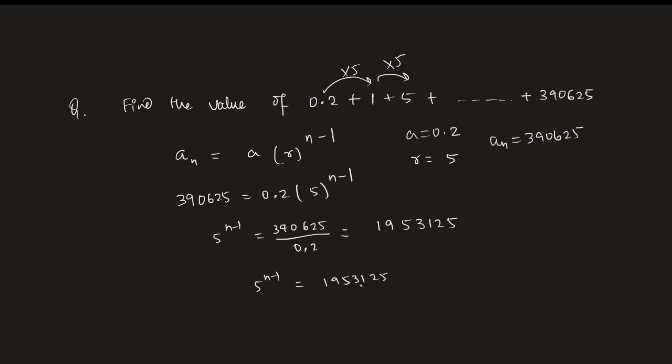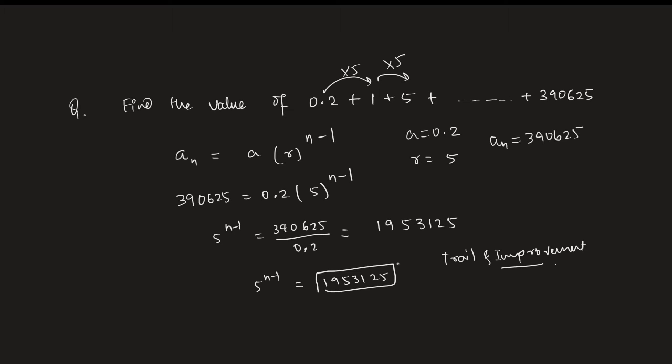Over here we can use one more concept, that is trial and improvement. What is trial and improvement? You need to figure out which power of 5 gives you this value. You have to start randomly.